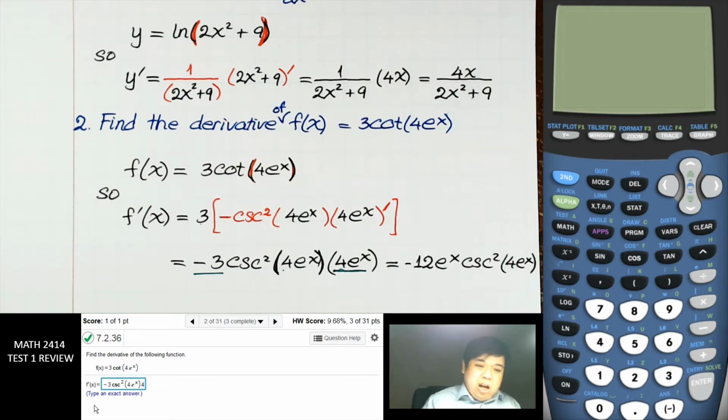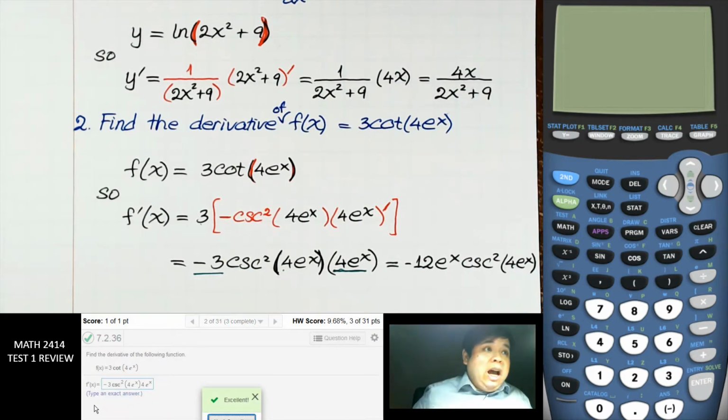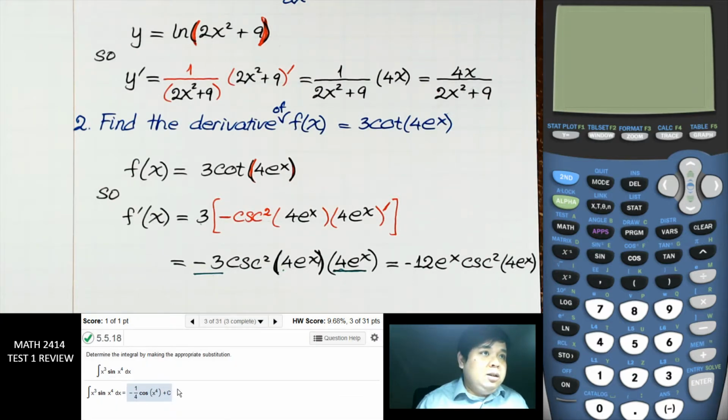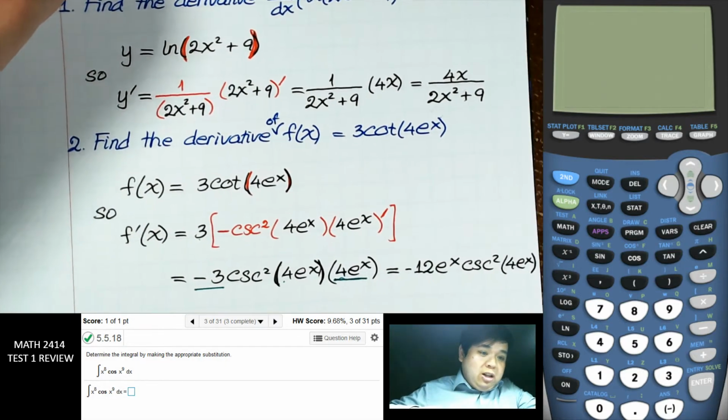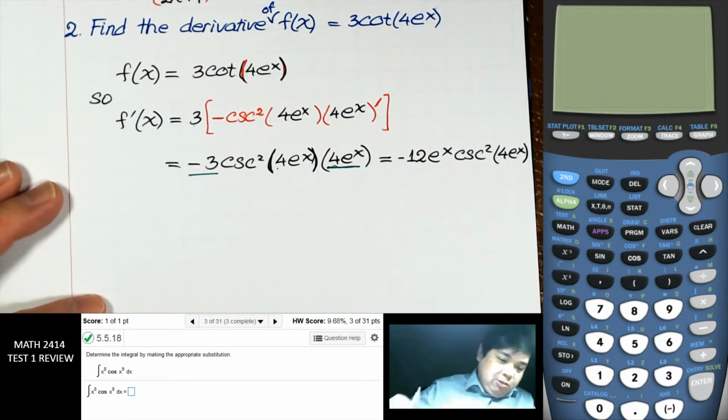We don't even need to type multiply e to the x. They also accept it, as long as we have something similar to it, the answer should be fine. I also did this before I hit the record button.